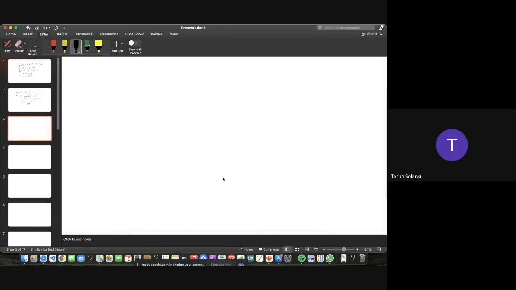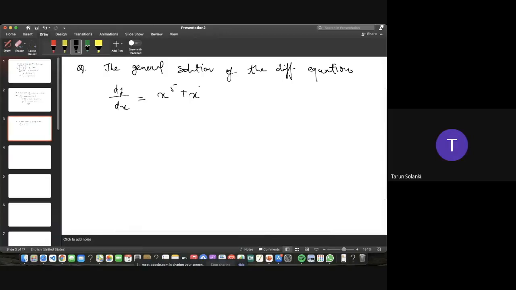Next question. Which is the general solution of the differential equation dy by dx is equal to x to the power 5 plus x square minus 2 by x?